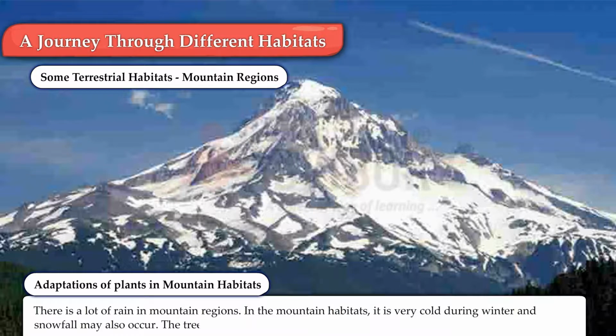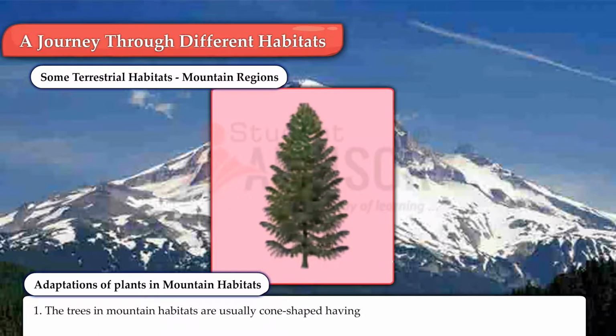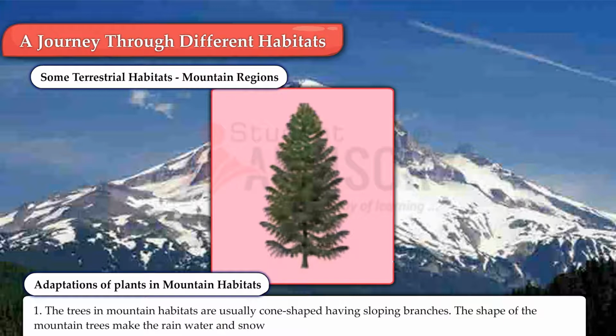The trees in mountain habitats show the following adaptations. The trees in mountain habitats are usually cone-shaped, having sloping branches. The shape of the mountain trees makes the rainwater and snow slide off easily without damaging the branches and leaves.